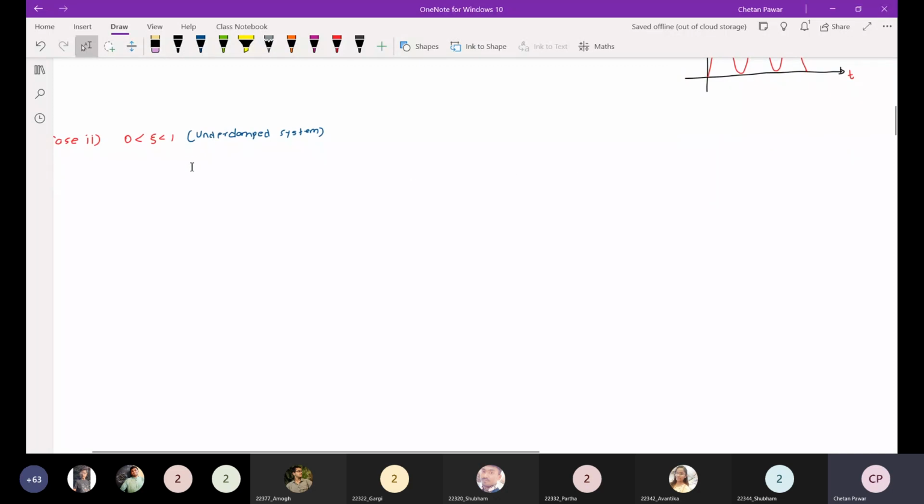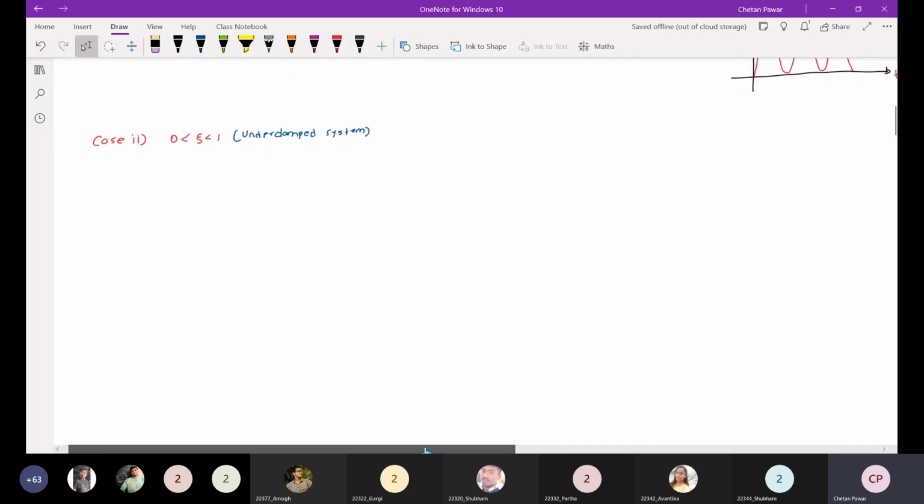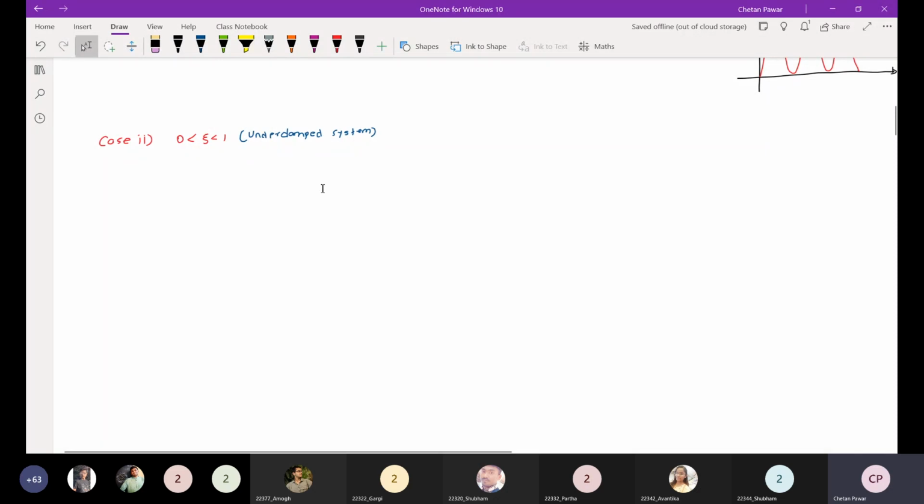Okay, so let us consider the next case, that is when zeta is between 0 and 1. This is an important system, the underdamped system, because all the practical systems lie in this range only. So analysis of this particular system is important.